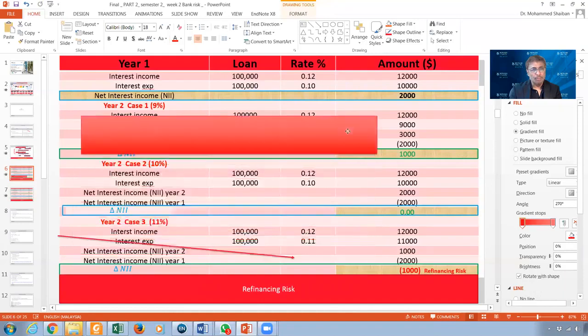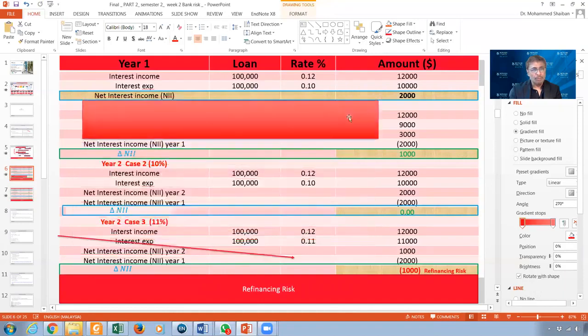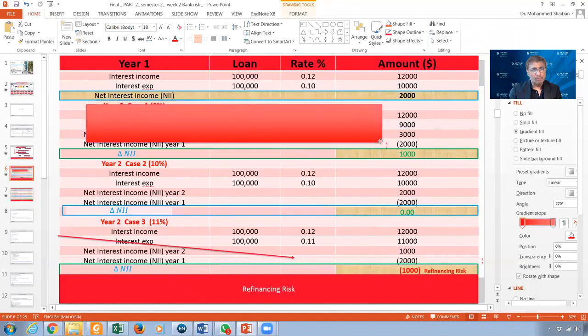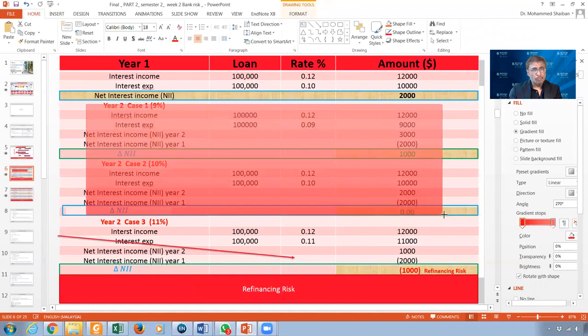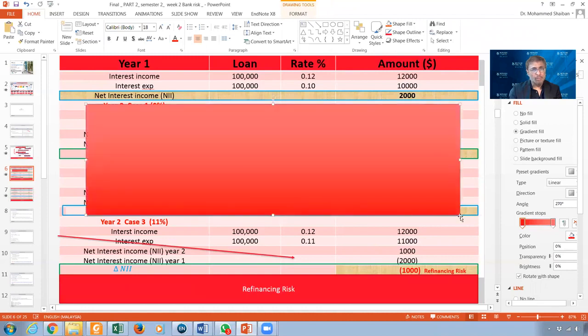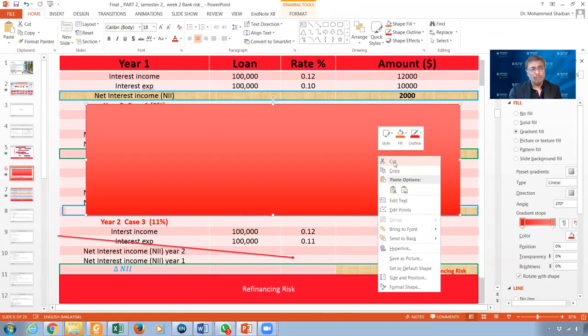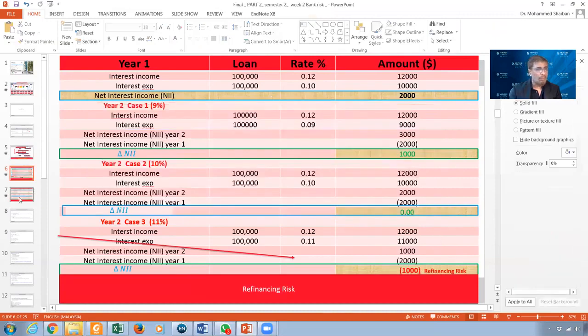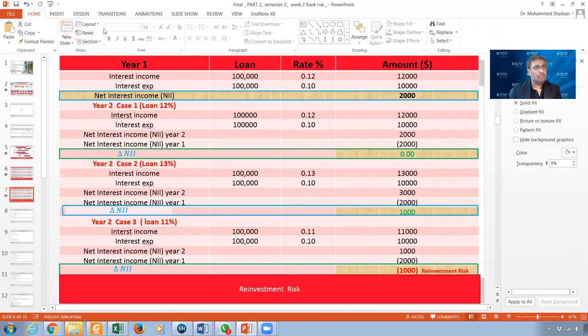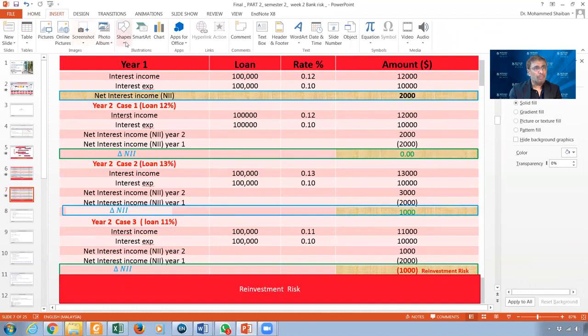It's not here, it's not here. So you can see all of this can cover, it's only this box. Anyways, I don't think it's a difficult issue to understand. It's very simple, it's very straightforward.